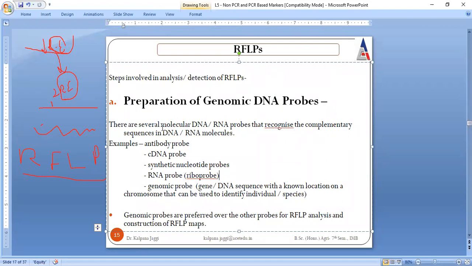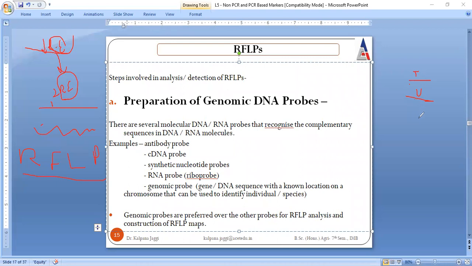There are many DNA or RNA probes. DNA means double stranded, so there will be the presence of T, and in an RNA there will be the presence of U. So these probes are used.